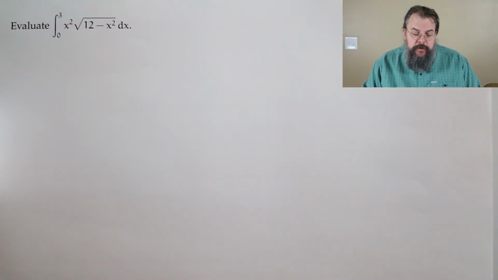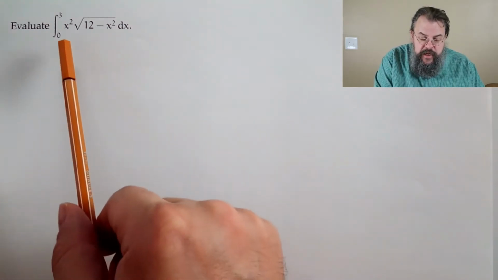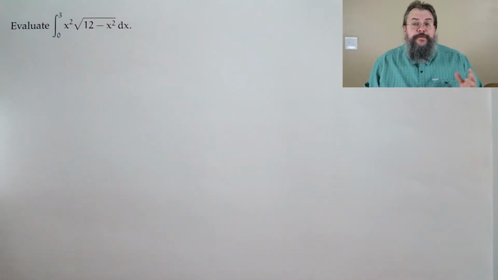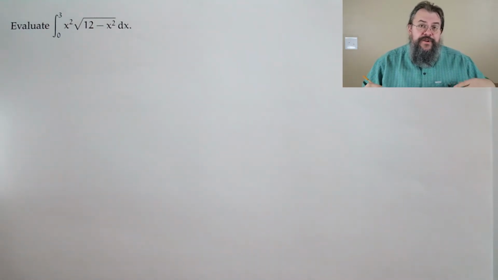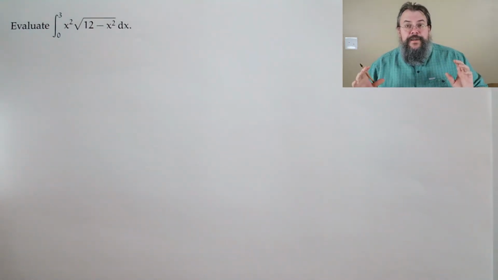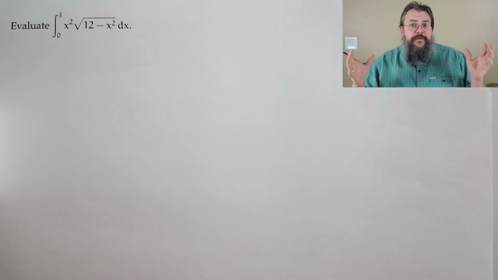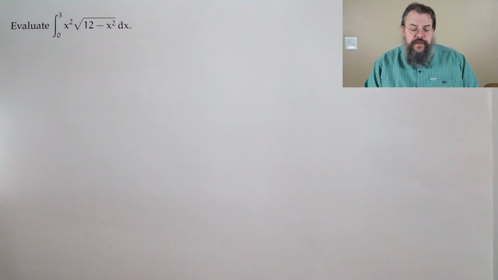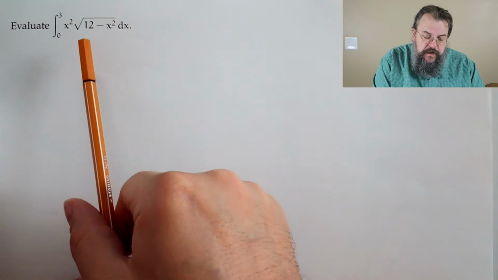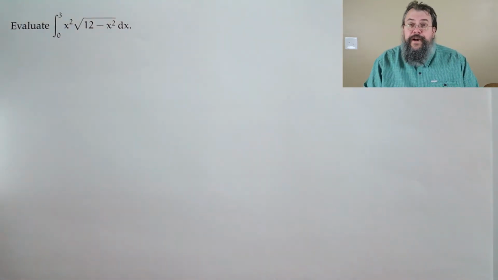Well, it's not really good for normal substitution, see, because of the fact that there's an x squared there. If it was just an x, we'd say, okay, normal substitution, away we go, life is good. But it looks pretty reasonable for trig substitution because we see a number minus a variable squared.